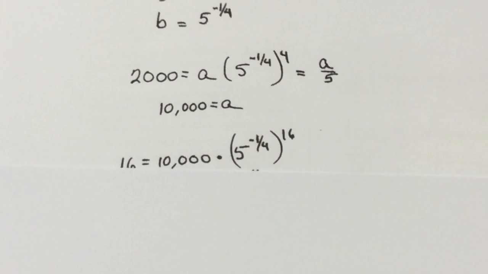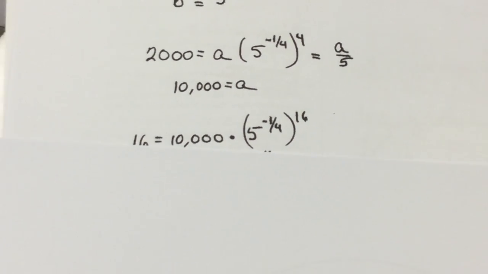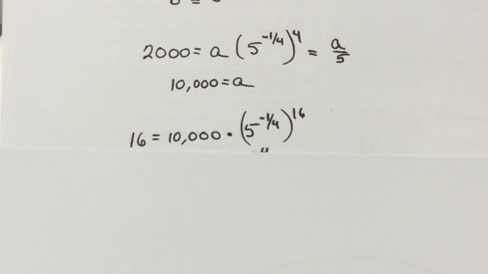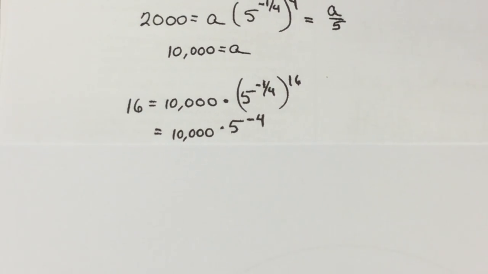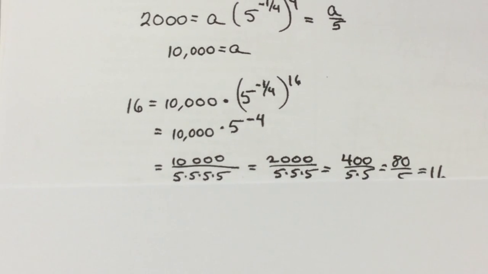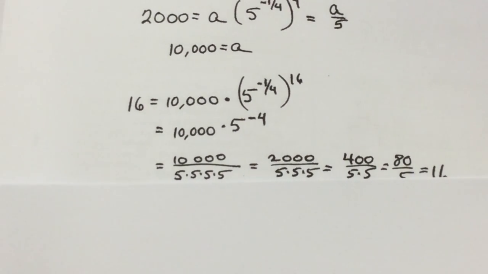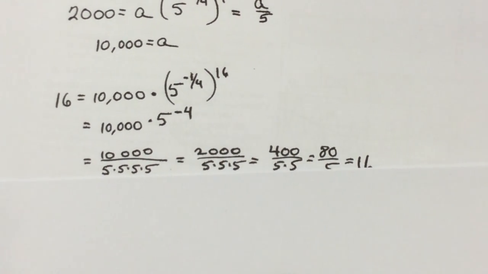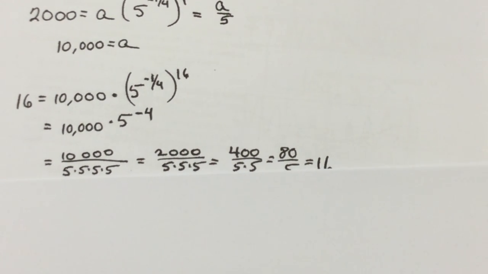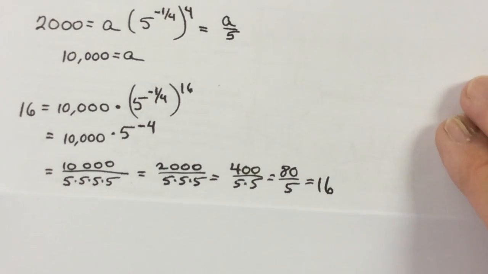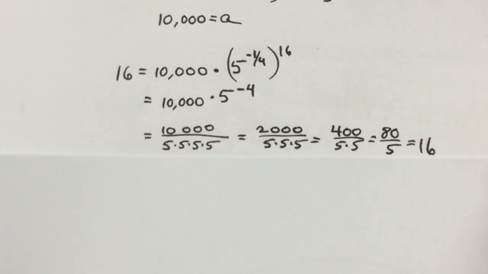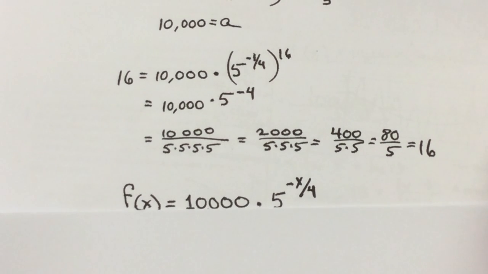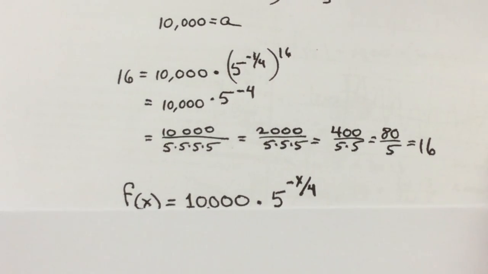And then they wanted you to plug some values in, and then I tested it. Figured, let's plug in 16 and see what we get. That worked out okay. 10,000 over 5 to the 4th. And since I didn't have a calculator, I just divided by 5 one at a time, and found that 16 was equal to 16. So that worked, and that meant my equation was this.